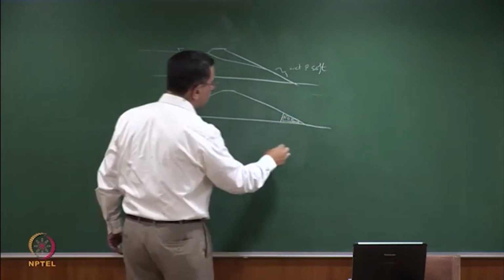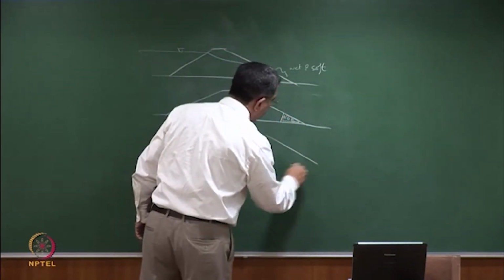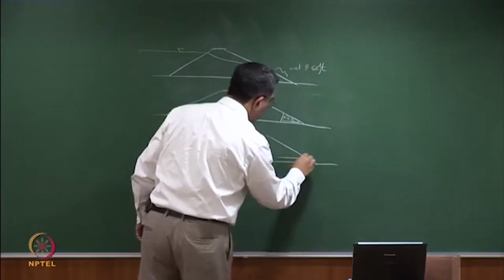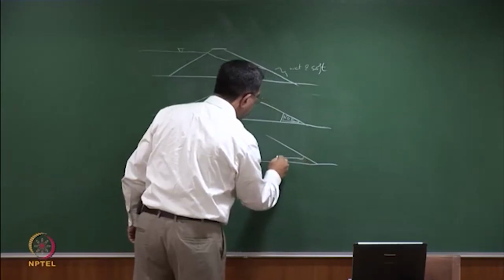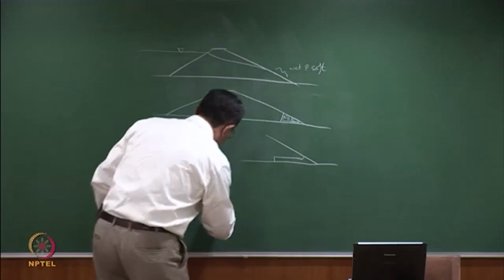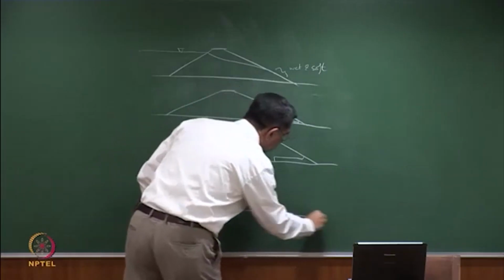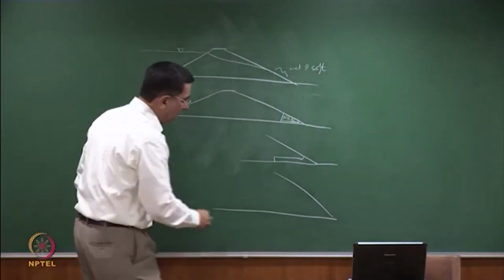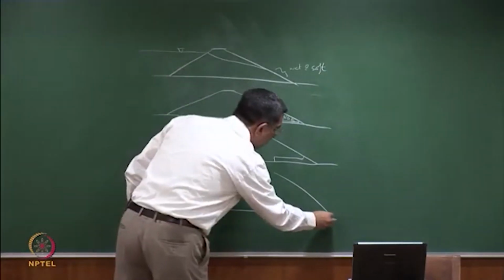Somebody else may want to put a horizontal drain. And yet somebody else may want to do this. I hope this is visible to you. Okay, he might want to put a chimney.